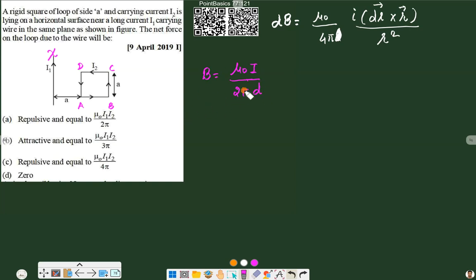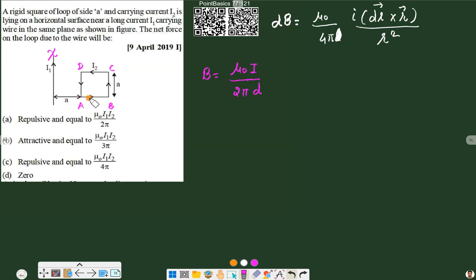This is the magnetic field due to an infinitely long conductor at some distance d from it. For AD, we can take a mean distance, and that will give us the value of the magnetic field.